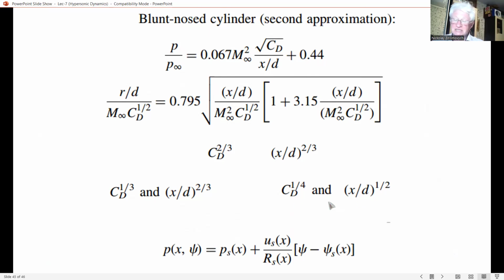The methods discussed next in this lecture are not predicated on the hypersonic small disturbance equation and therefore are not restricted to slender bodies at small angle of attack. First, the concept of Mach number independence.